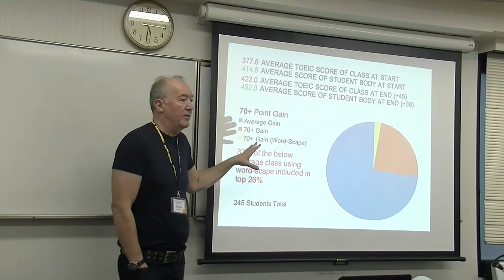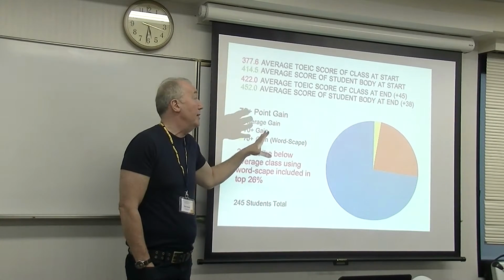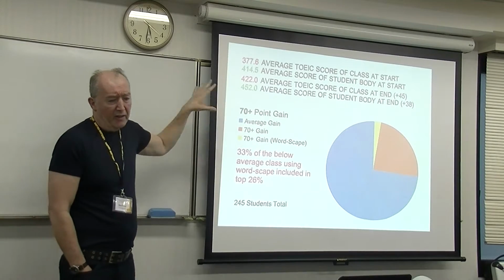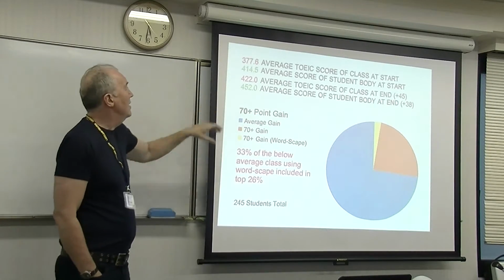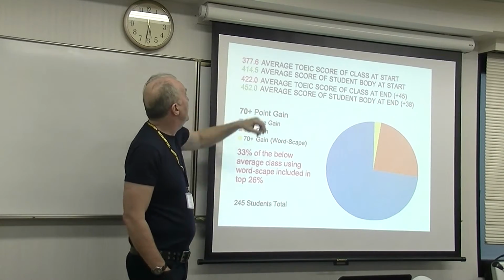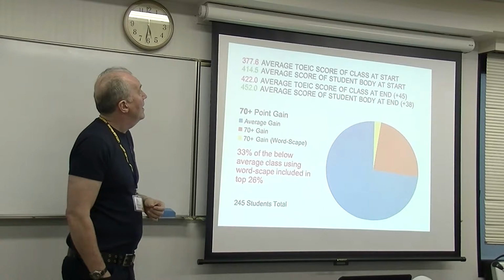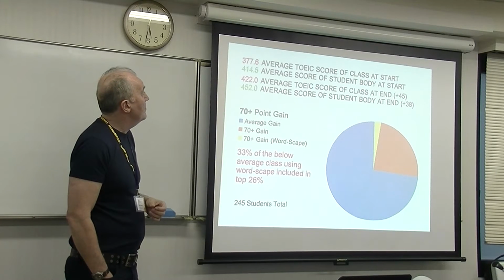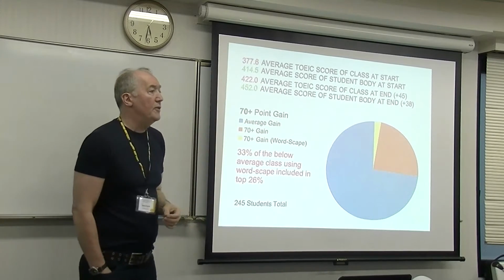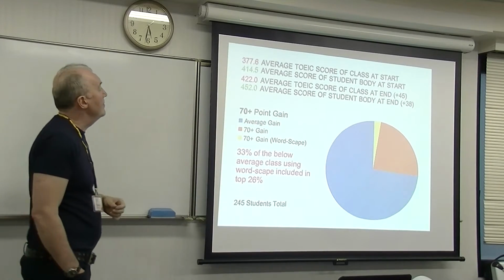There's not many students in this study, so it's really preliminary. I'm just pointing this out as I guess it was an anomalous sort of result, because the class at the start was only 377 average TOEIC score, so it was already roughly 30 points below the average score of the student body.